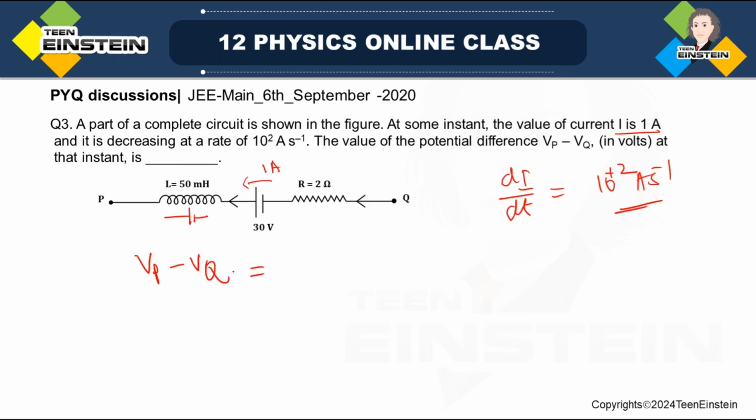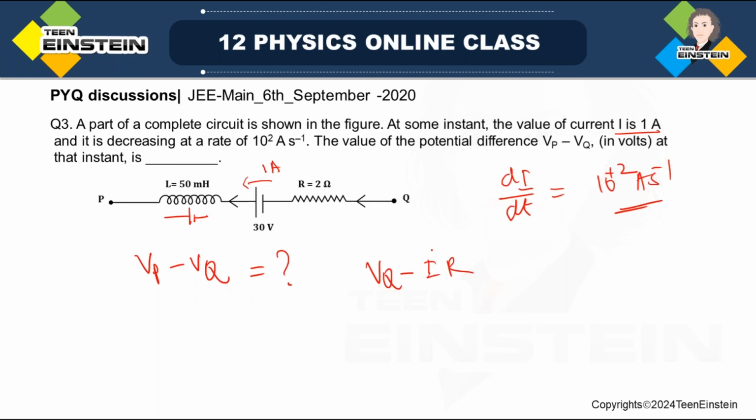Now here Vp minus Vq I have to find out. Look at what we can write. Since current is flowing this way, I can say this is at higher potential, so Vq minus IR.